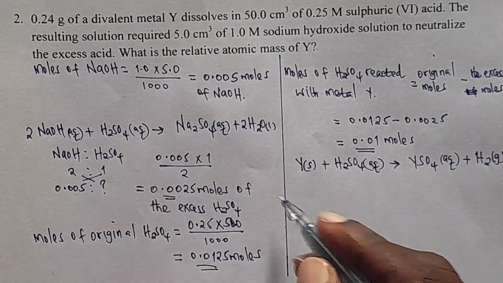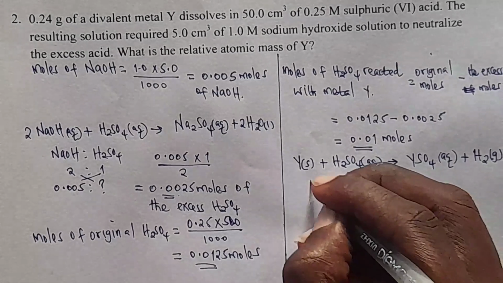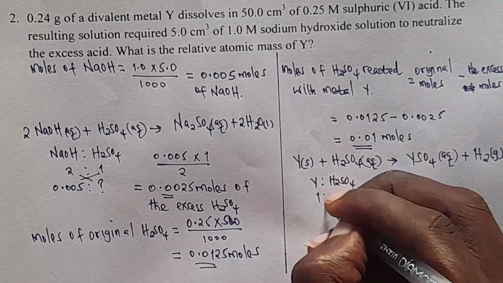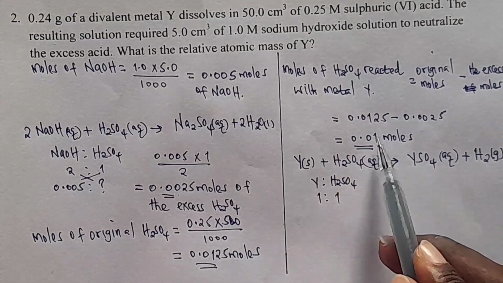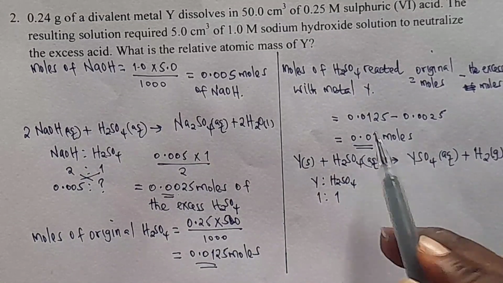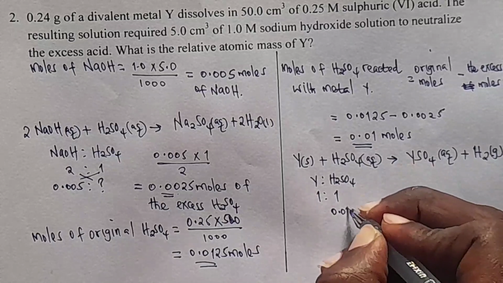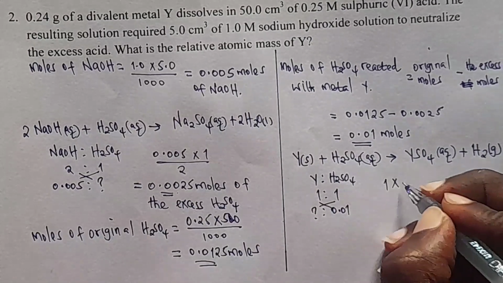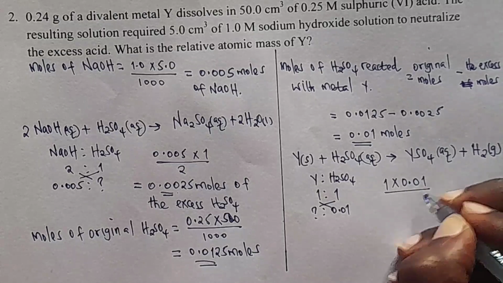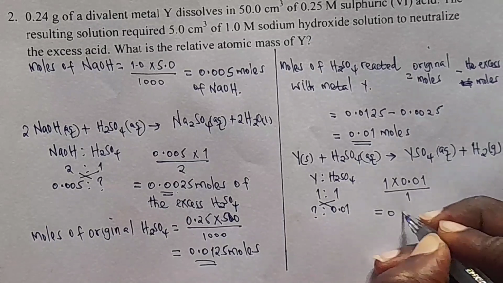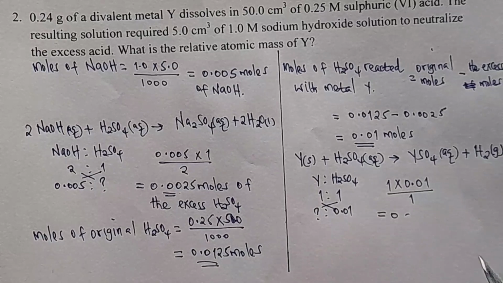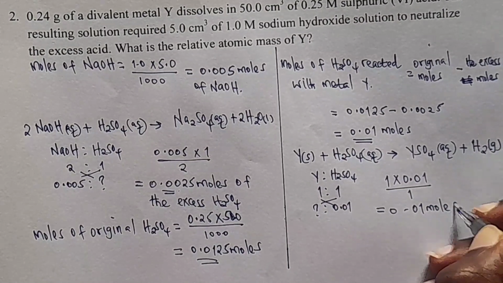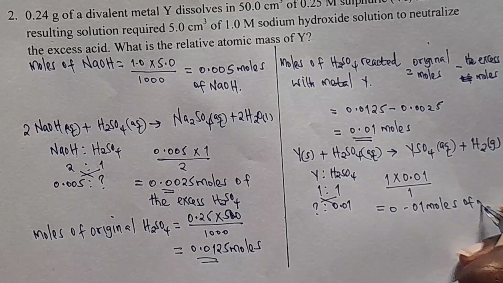Let's see the mole ratio, because this reaction is self-balanced. Y to sulfuric acid is 1:1. So we know the number of moles of sulfuric acid that reacted with metal Y, which is 0.01. So the number of moles of Y will be 1 times 0.01 divided by 1, which is equal to 0.01 moles of metal Y.